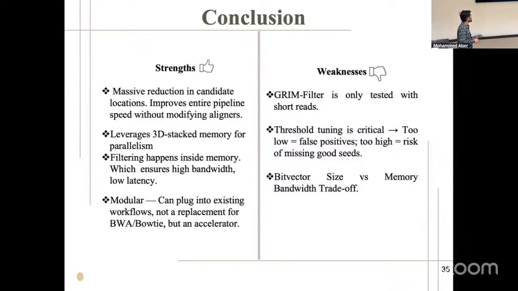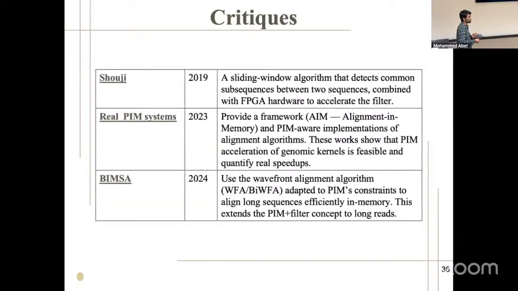Also, for the bit vector size and memory bandwidth, you have to make a trade-off. If you increase the bit vector size, it will hold a large memory. But if you have larger reads, in that case you have to take the bit vector size higher, because you have to choose a large token size to reduce the memory bandwidth. So there is a trade-off.